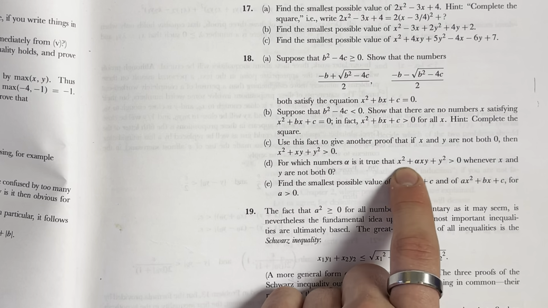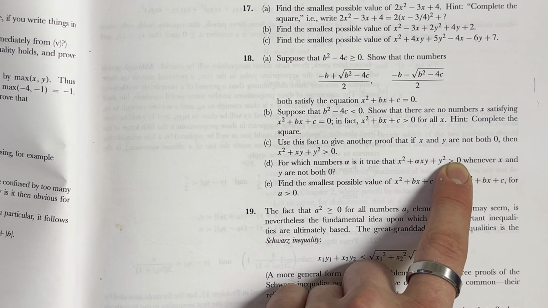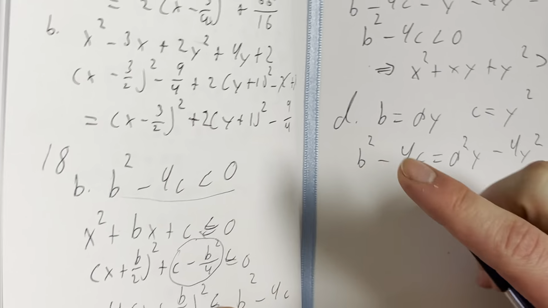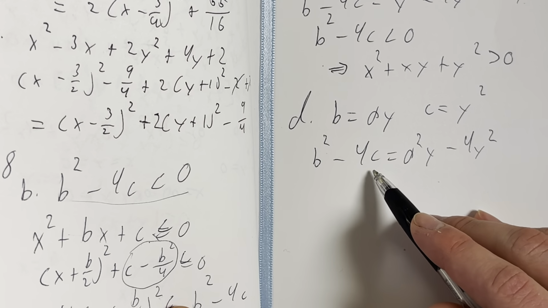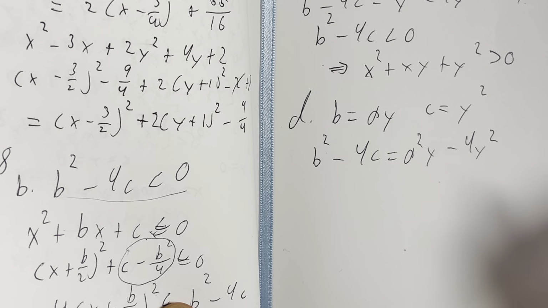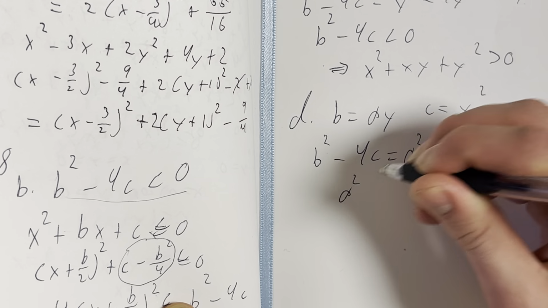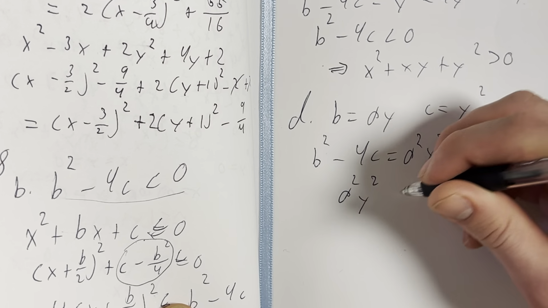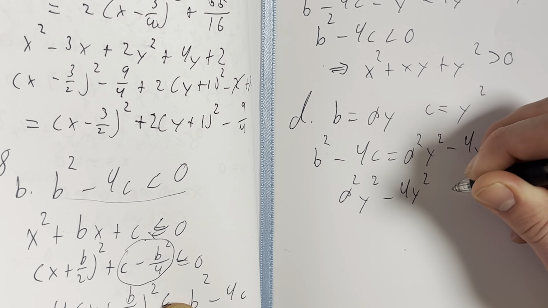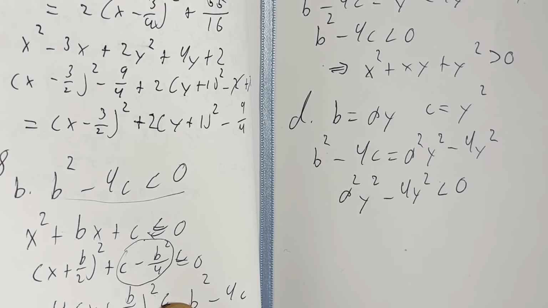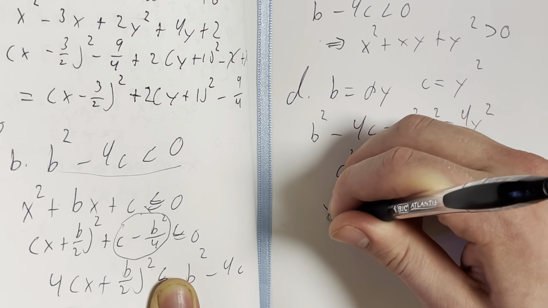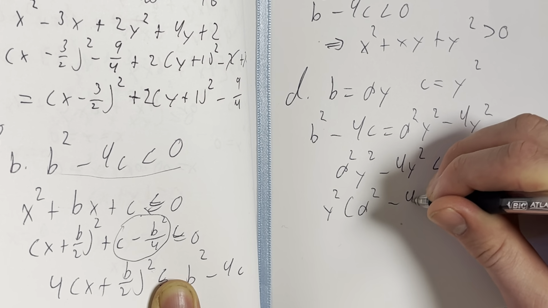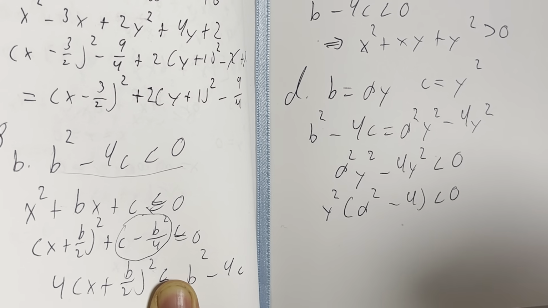We want to find when this is greater than 0, and thus we want b squared minus 4c to be less than 0. So alpha squared, oh this is b squared, y squared minus 4y squared less than 0. So y squared times alpha squared minus 4 less than 0.